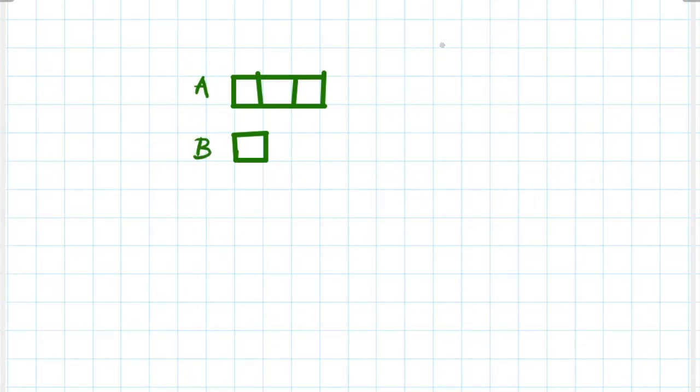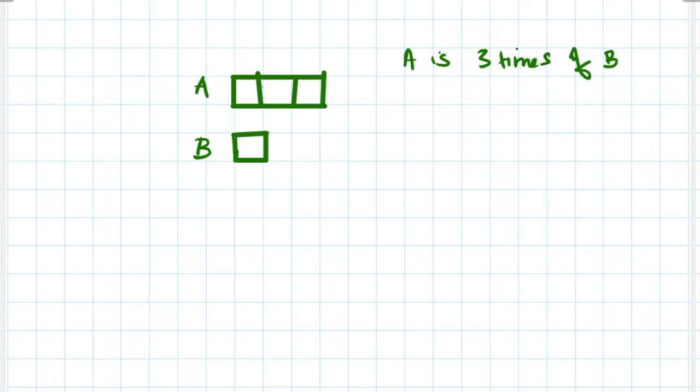If I draw something like that, this is A, this is B. So you can say A is 3 times of B. Correct or not?